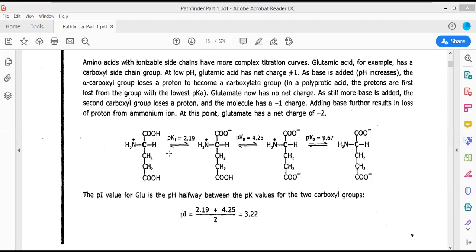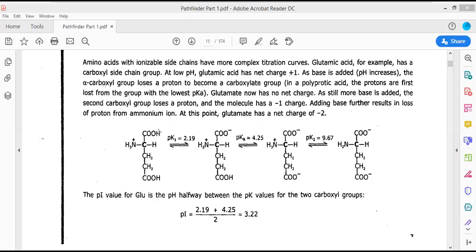The pH at which the main chain carboxylic group is ionized is referred to as pK1, also referred to as pKa. See this, I'm going to inform you of the most important trick. The most important thing to be remembered here is this, whether the amino acid is simple or whether it is an acidic amino acid.